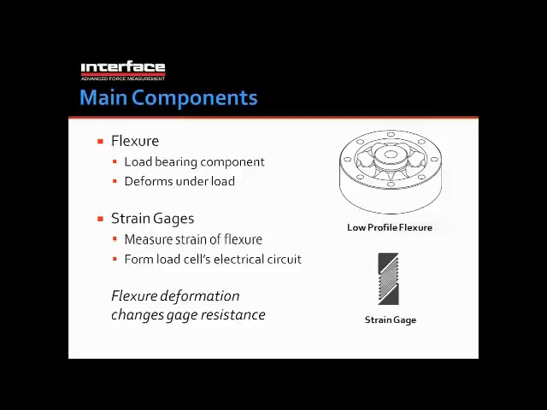The strain gauge measures the deflections of the flexure, and several gauges form what is the electrical circuit in a load cell. So the flexure deformation, the deflections happening in a load cell or in the flexure because of a load being applied is what changes resistance in the strain gauges. And I'll go into that in detail in a few slides up ahead.